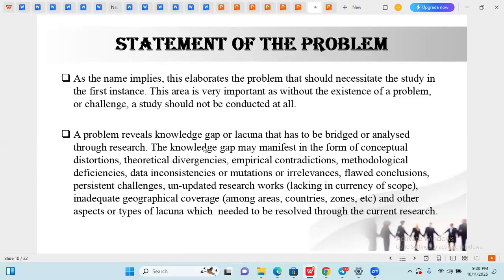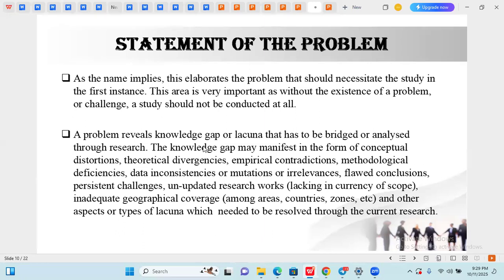The knowledge gap may manifest in the form of conceptual distortions, theoretical divergences, empirical contradictions, methodological deficiencies, data inconsistencies, flawed conclusions, persistent challenges, un-updated research works, lacking in currency of scope, or inadequate geographical coverage. You can get your research gap from a lot of areas.